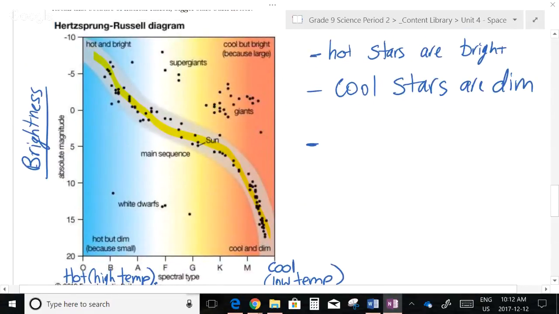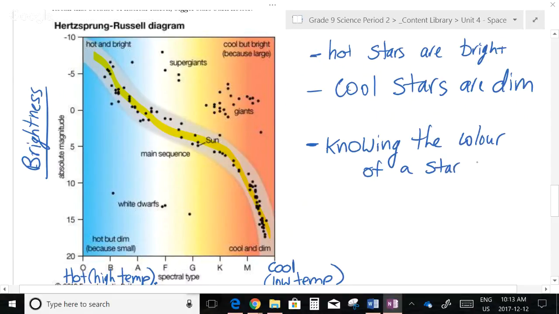And this means that if we know the color of a star, knowing the color of a star actually tells us a few things.